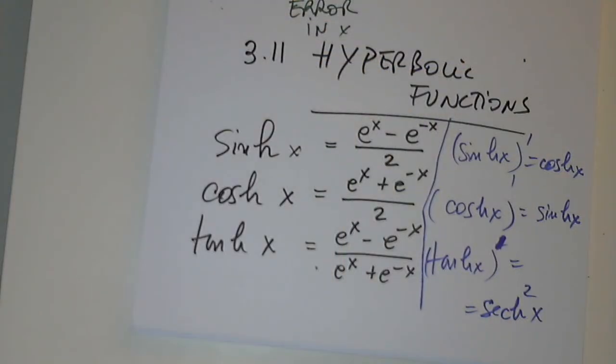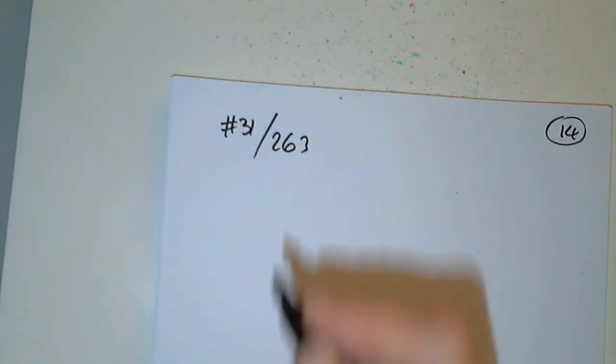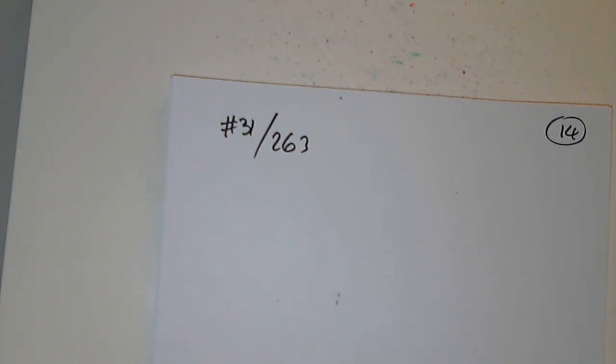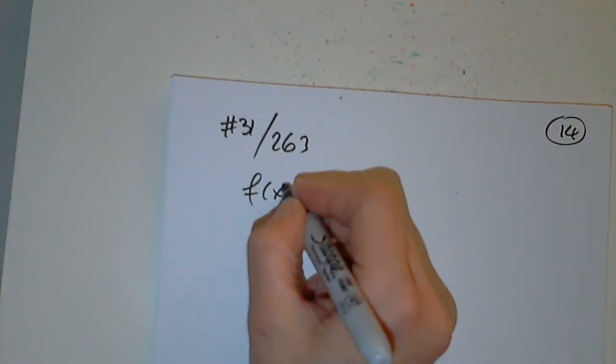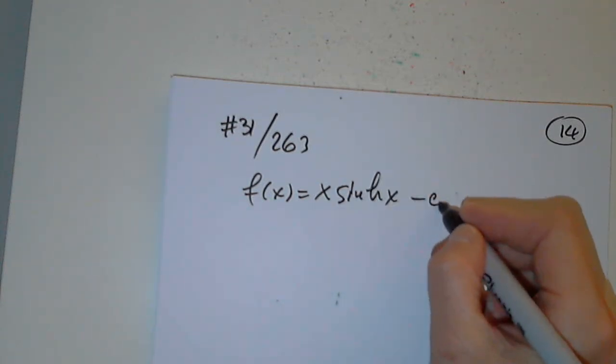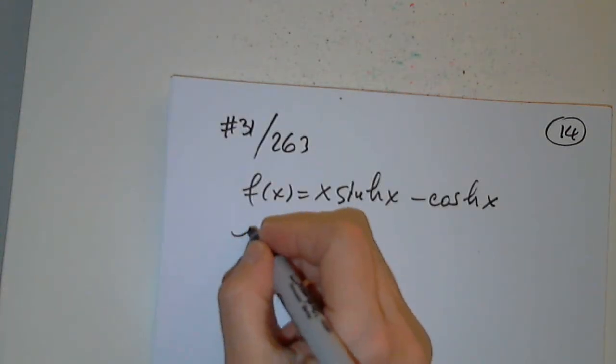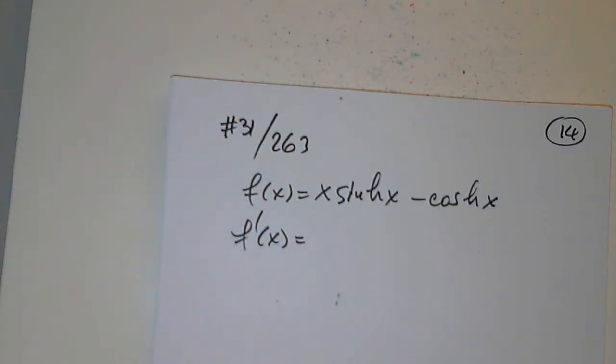So let's look at 31 and then we'll stop. On page 263, and this is the end of chapter 3. So 31, I see it. f of x equals x times hyperbolic sine x minus hyperbolic cosine x. We only are asked to find f prime.